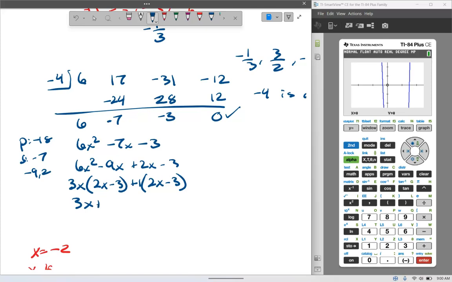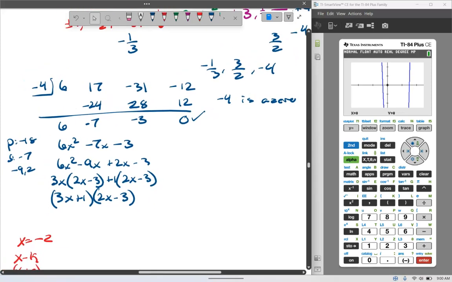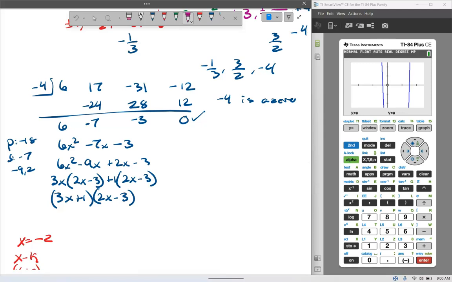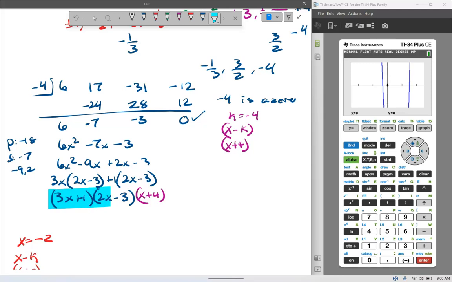So we have 3x plus 1 and 2x minus 3. So there's our two factors, and we can actually go ahead real quick and get our third factor. Since we know that -4 is a 0 and k equals -4, x minus k will be a factor. That means that x plus 4 is our third factor. So we actually have this fully factored already.